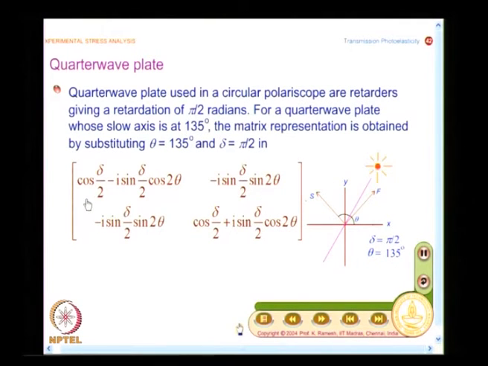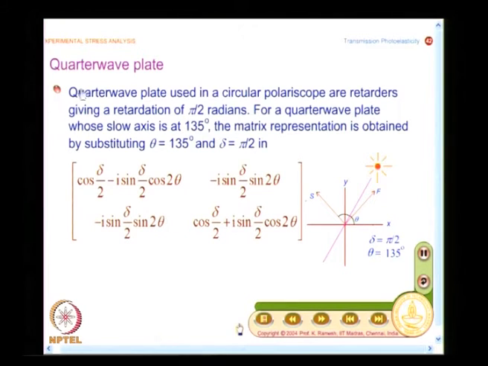You know the retarder is cos delta by 2 minus i sin delta by 2 cos 2 theta, then I have minus i sin delta by 2 sin 2 theta, minus i sin delta by 2 sin 2 theta, similar terms here, this is symmetric actually, cos delta by 2 plus i sin delta by 2 cos 2 theta. This is the representation of a retarder.